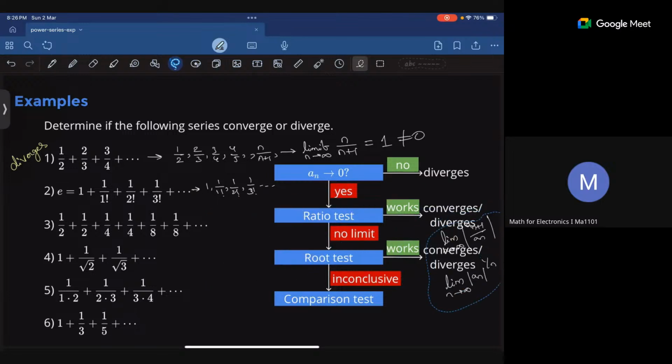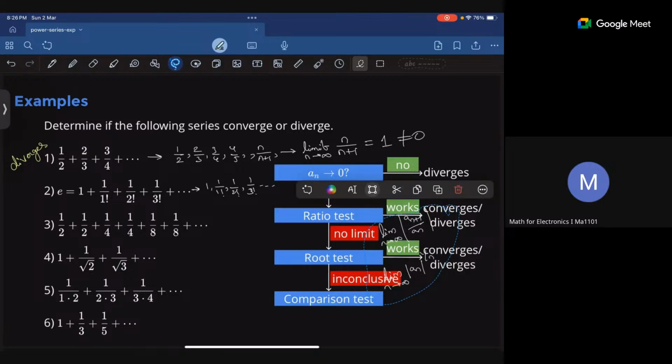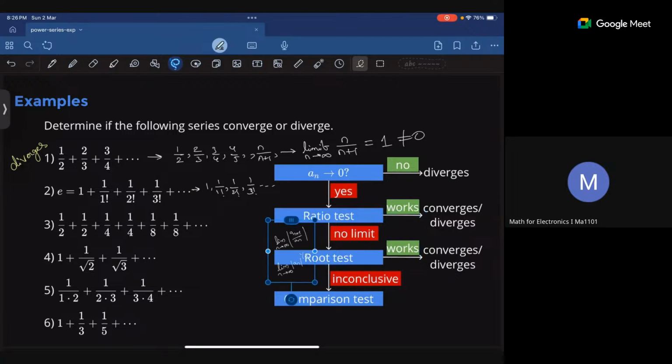So I'll take this here. This is for ratio, this is for root. Okay. So now you see this sequence 1/1 factorial, 1/2 factorial, 1/3 factorial, like this.